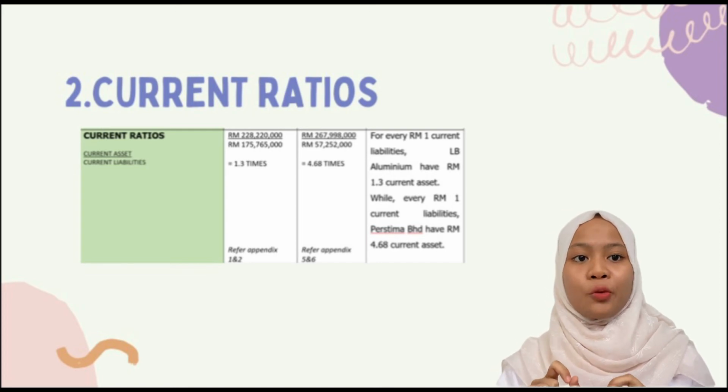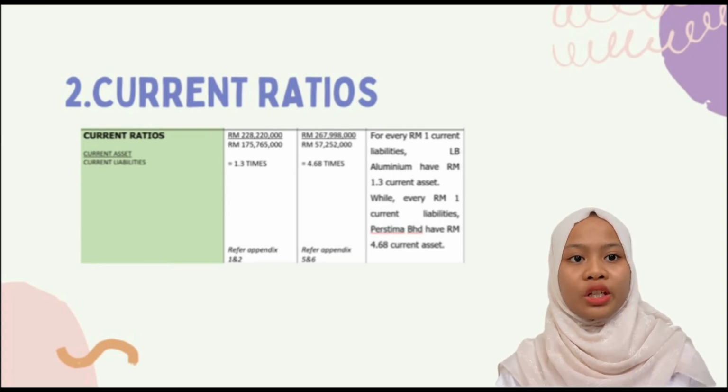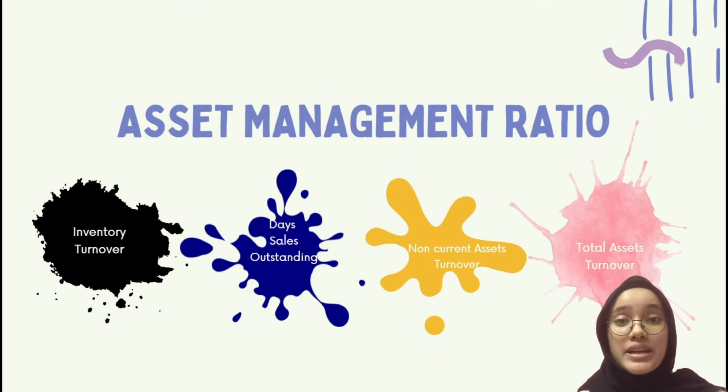Which means LB Aluminium has 1 ringgit 30 cents of current asset to pay 1 ringgit of current liability, while Perstima Berhad has 4 ringgit 68 cents to pay 1 ringgit of current liability.